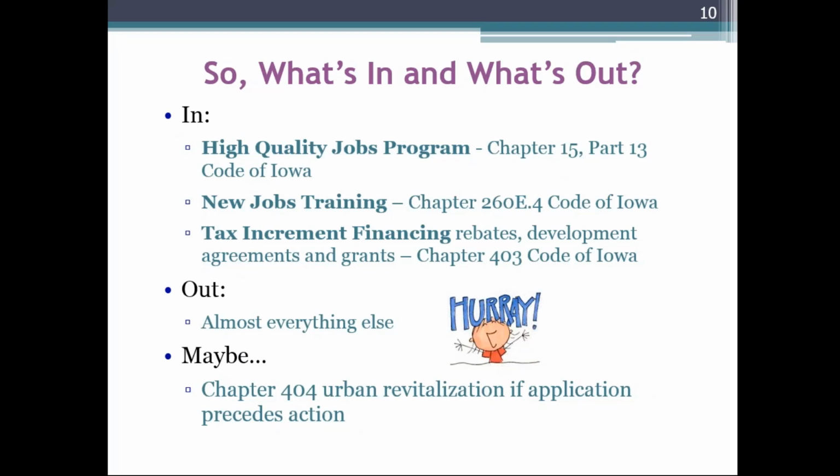One point I want to make now, and then I'll make again a little bit later, is that not all TIF is going to be in. For example, City ABC may, as part of a TIF project, agree to put in a road, and the city itself goes out and issues general obligation bonds and pays those bonds out of TIF proceeds.